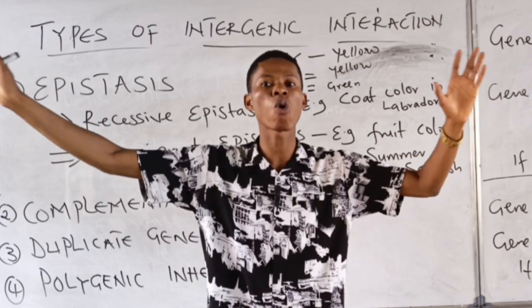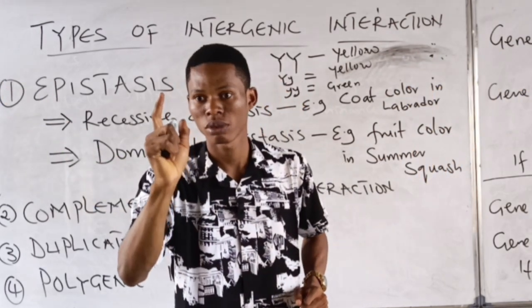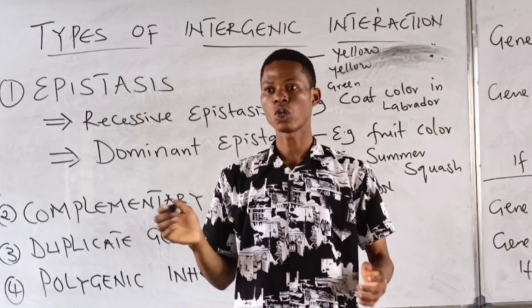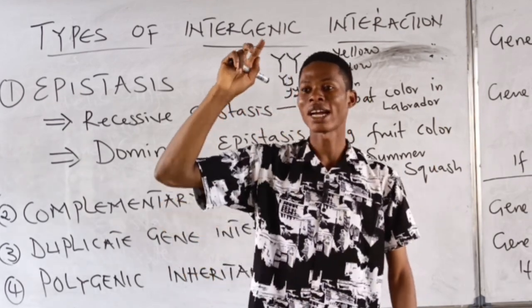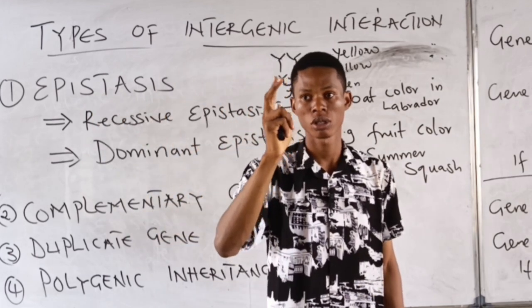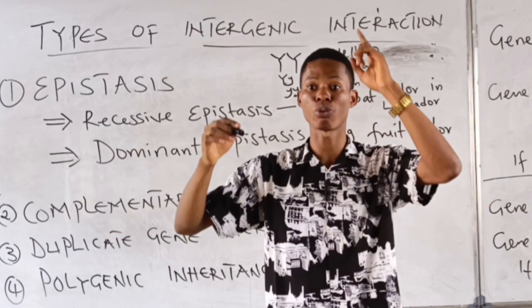But the two of them are working hand in hand to produce a particular phenotype. Let me take for example, purple color in sweet peas.